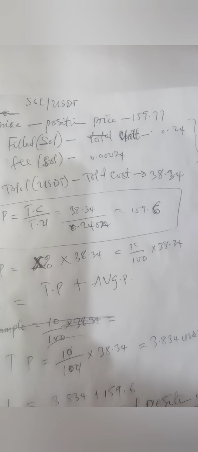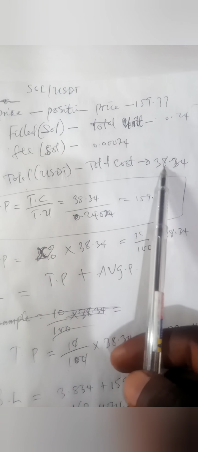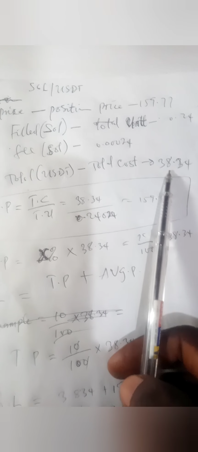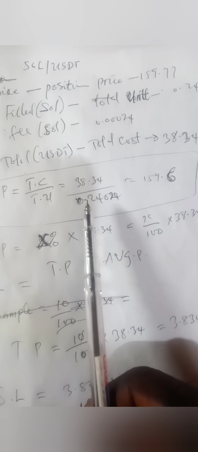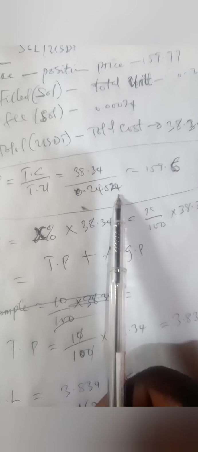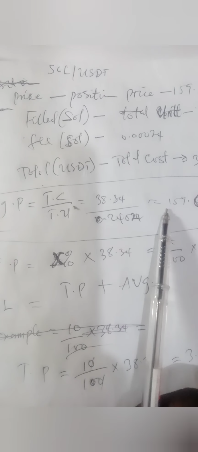So whenever you're buying, they deduct fee, but when you're selling, they deduct from the USDT. So now, the total USDT that was used to buy that portion of SOL is this. So this is your total cost. So your average price is now going to be total cost over the total units, which is 38.34 over 0.24024, and you have 159.6.